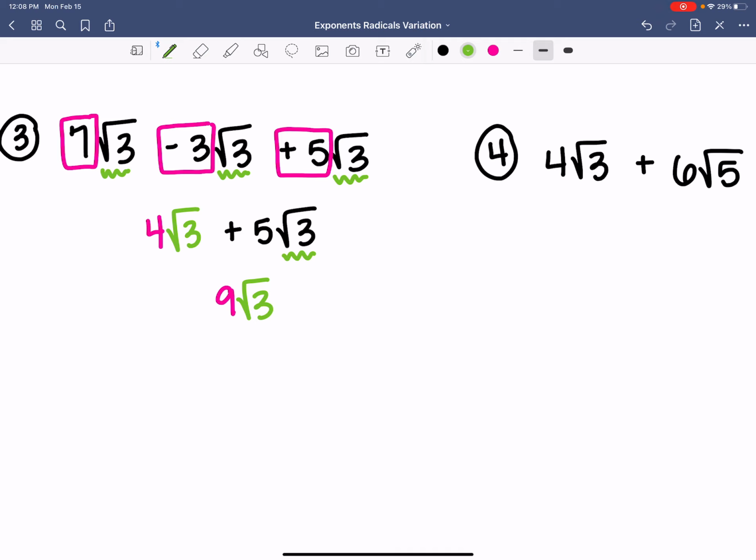Now, in example 4, 4 square root of 3 plus 6 square root of 5, notice that this time our radicals do not match. So since these don't match, we cannot add these two radicals together.